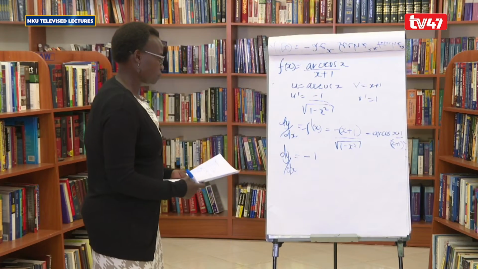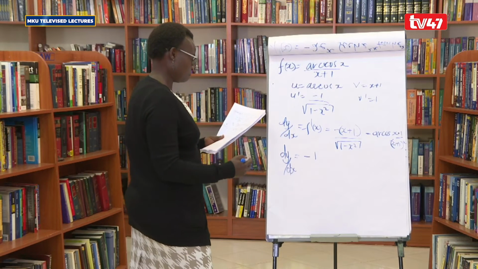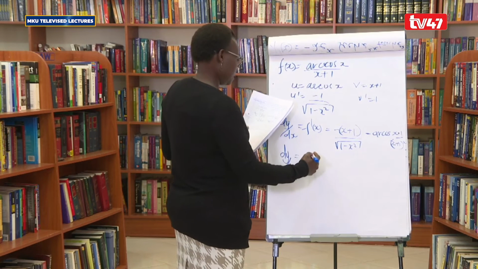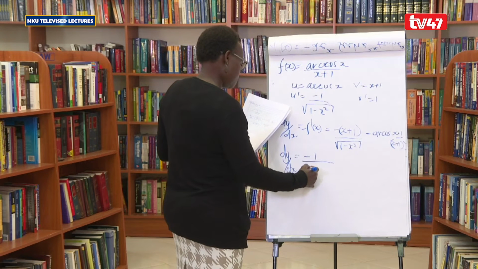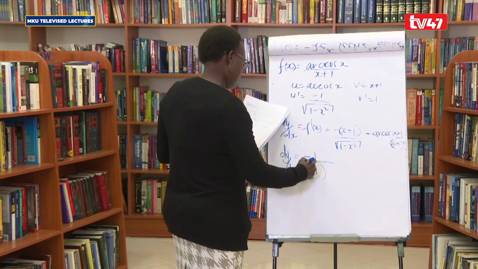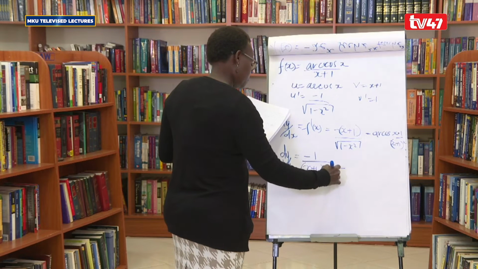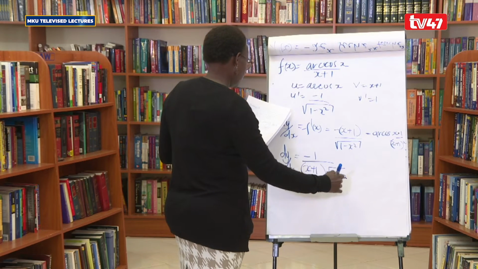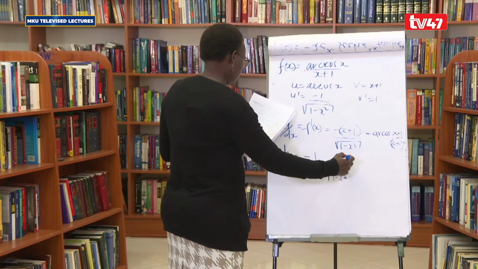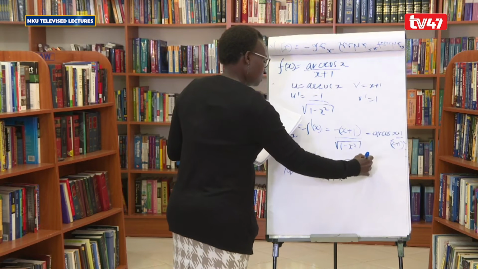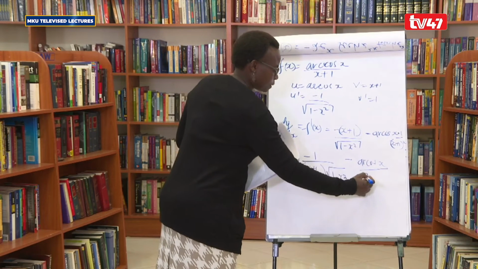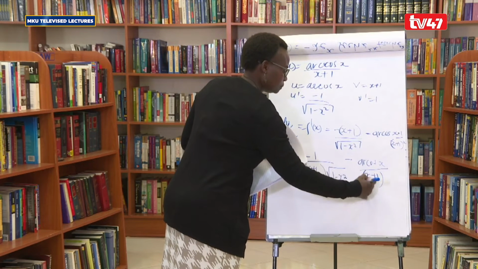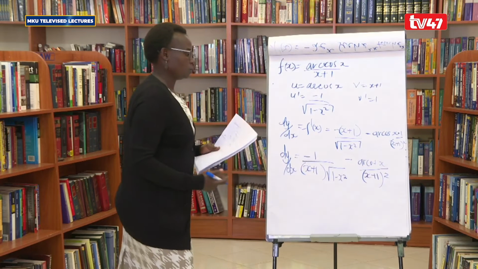Okay, so this will give us negative 1 over x plus 1 root of 1 minus x squared minus arc cos x over x plus 1 squared.